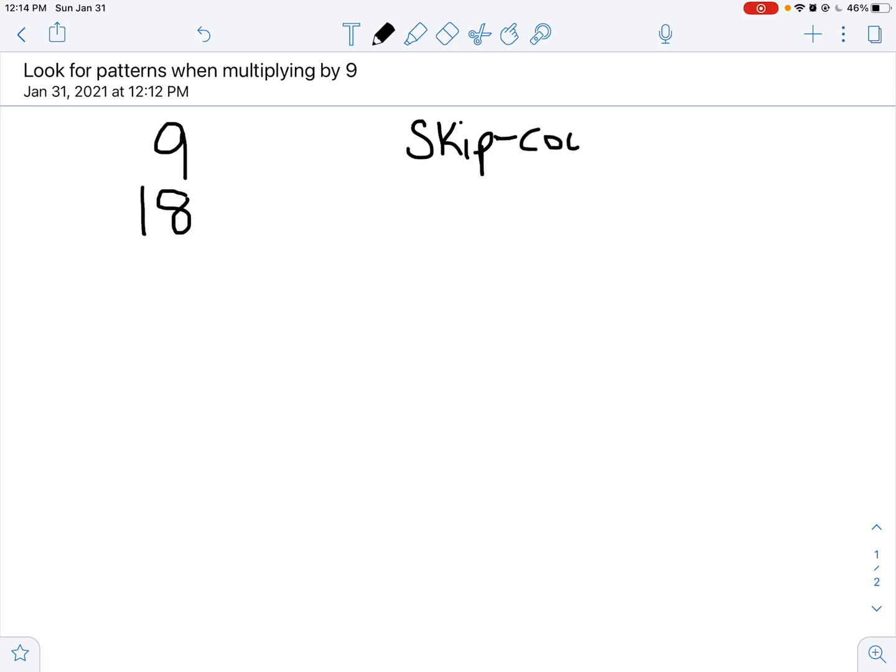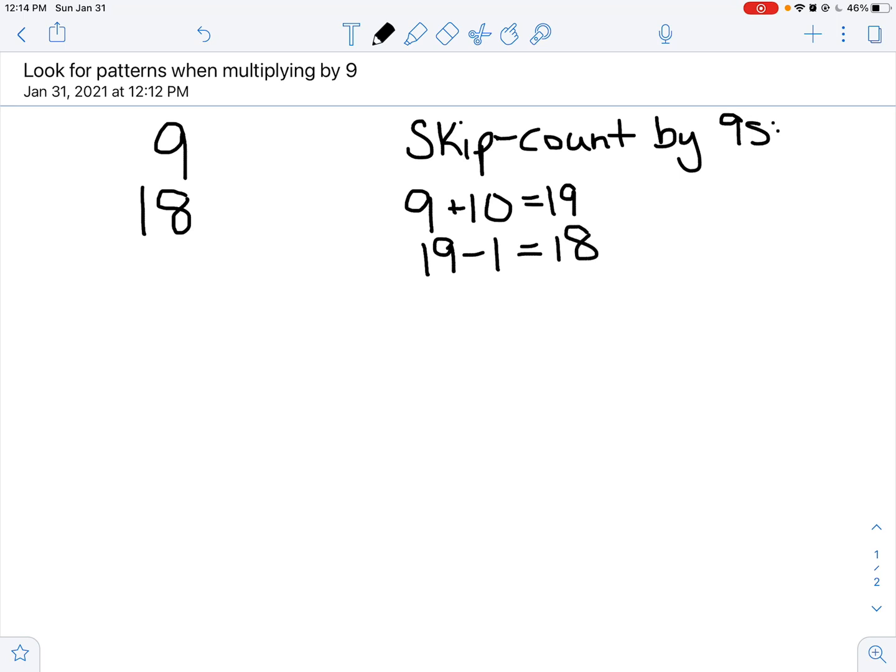When we skip count by 9s, we can go and skip count by 10s instead because 10 is a lot easier, right? So if I'm at 9 and I want to add another 9 and I find that hard, I can add 10, which gets me to 19, but then take away 1 because I added too many, and that gets me 18.